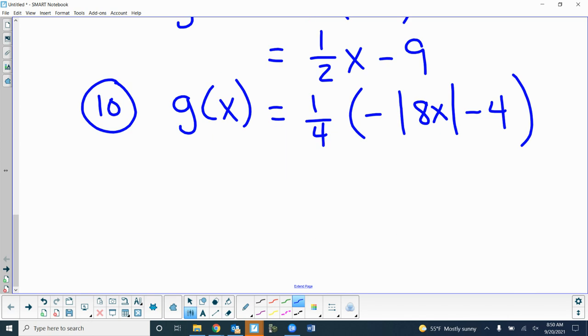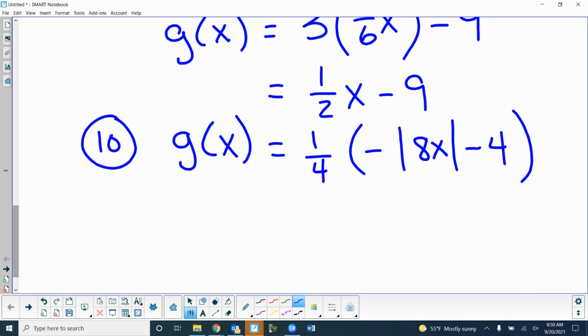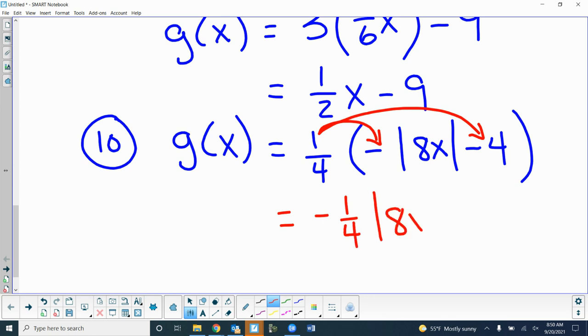Okay? So, again, we can distribute the 1/4 times the negative and the 1/4 times the negative 4. So that's why my answer that you're looking at is negative 1/4 and then 8x and then minus 1, because 1 times negative 4 is negative 4 divided by 4 is negative 1. Right?